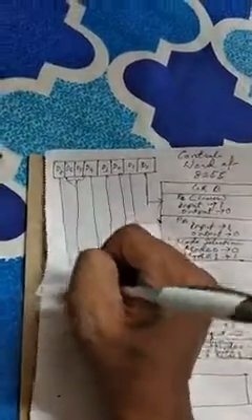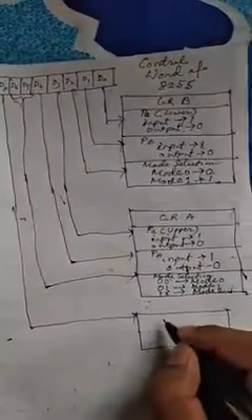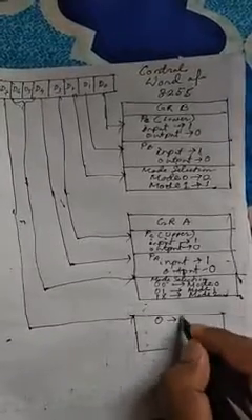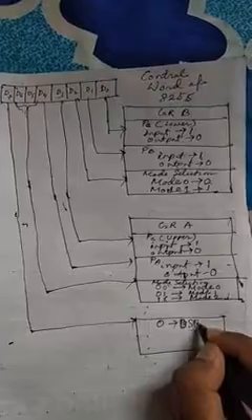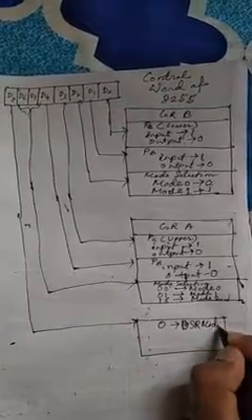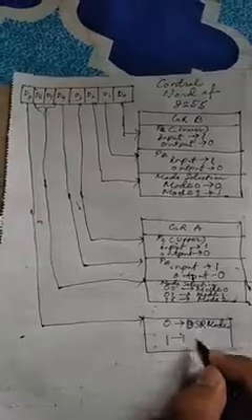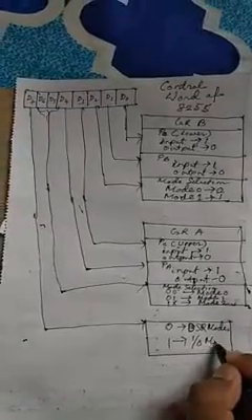And finally the D7 bit, if it is 0, then BSR mode, that is bit set reset mode. If it is 1, then IO mode.